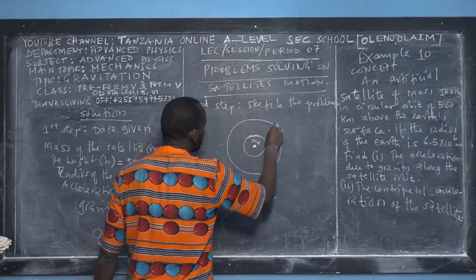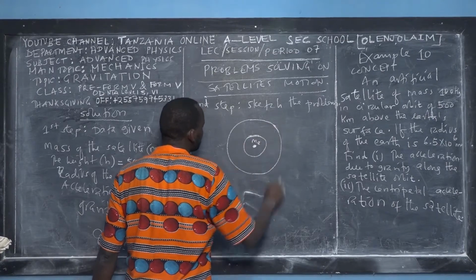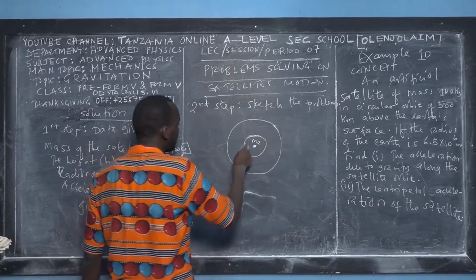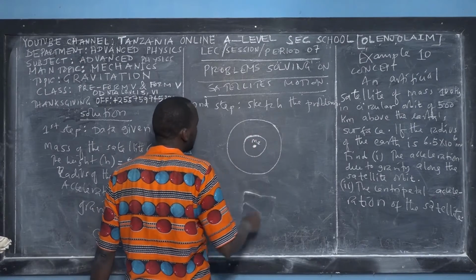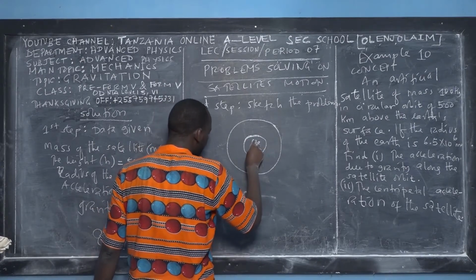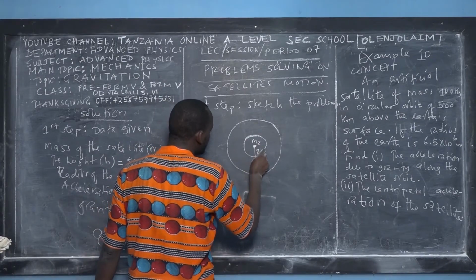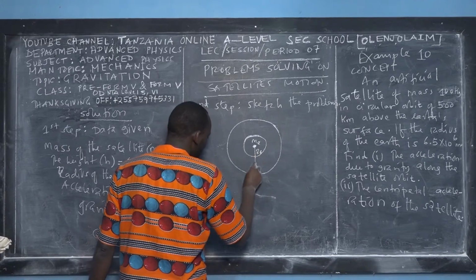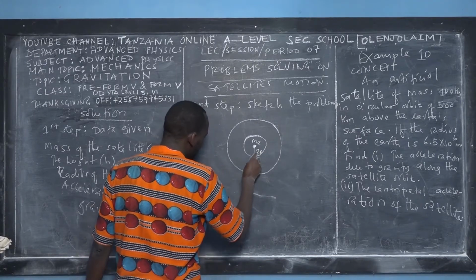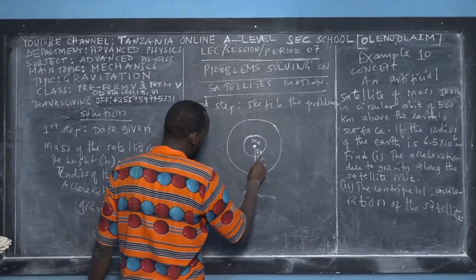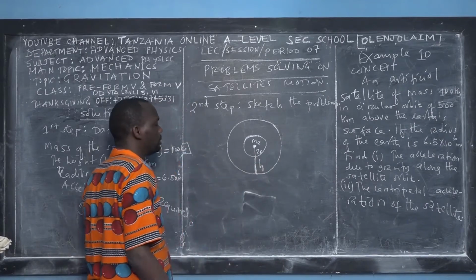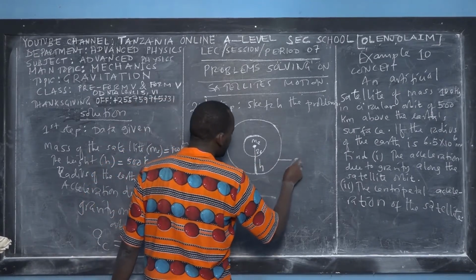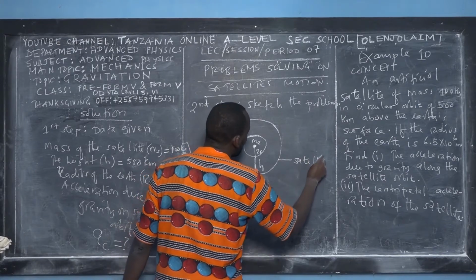Here we have the radius of the Earth, and here we have the height h above the Earth's surface. This we call the satellite orbit.